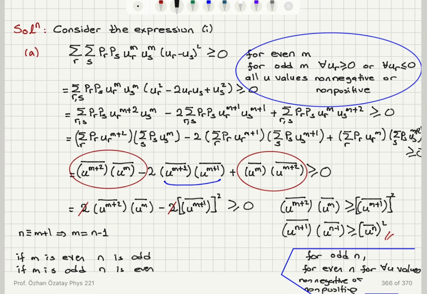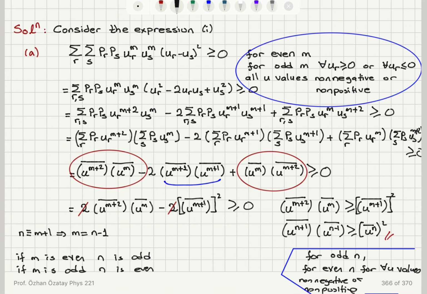I have written this inequality, and then I have expanded the square: U_R squared minus 2 U_R U_S plus U_S squared. By distributing this, I obtained sum over R, S, P_R, P_S, U_R to the m plus 2, minus 2 U_S to the m, and terms like this.